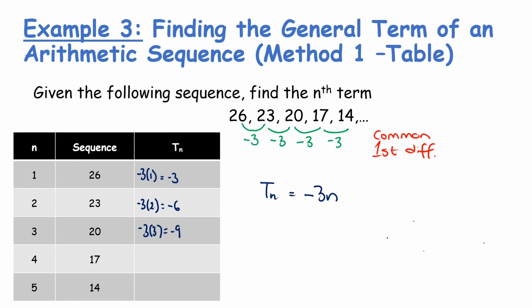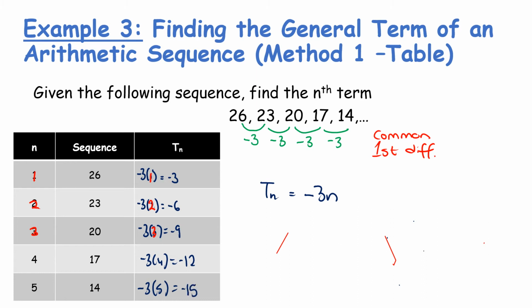Just make sure you're clear: that 1 is coming from the first term, this 2 is coming from the second term, 3 from the third term, and so on. Minus 3 times 4 is minus 12, and minus 3 times 5 is minus 15.